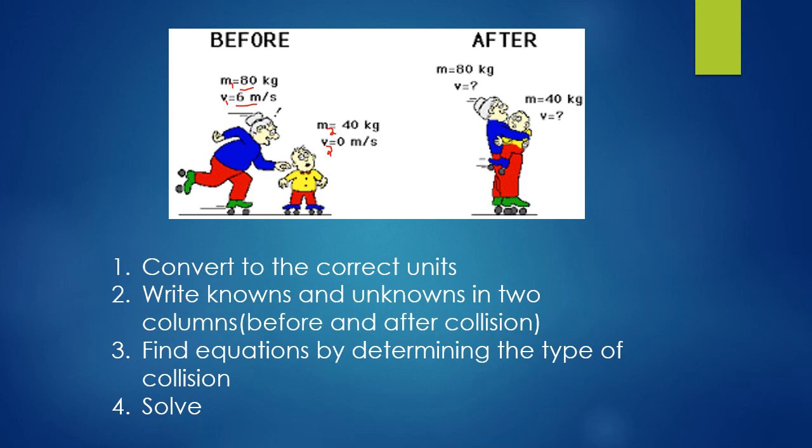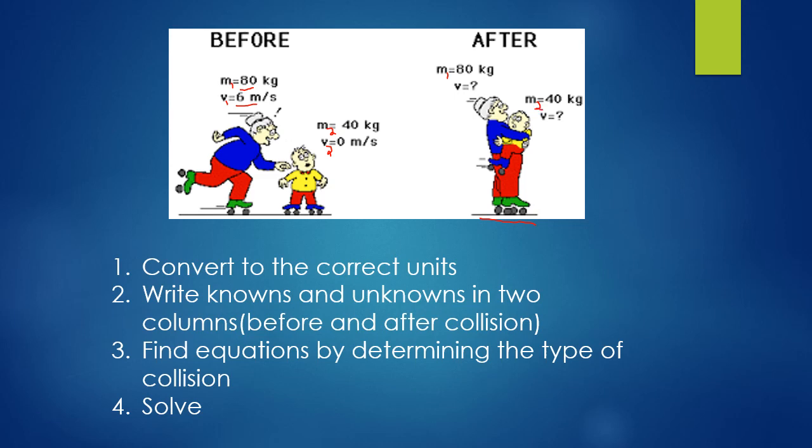So grandma comes along and scoops up her grandson, causing an inelastic collision, because now look at them. They are now one object, moving at one velocity. After the collision, their masses are the same. Grandma M1 is still 80 kilograms, and grandson M2 is still 40 kilograms.